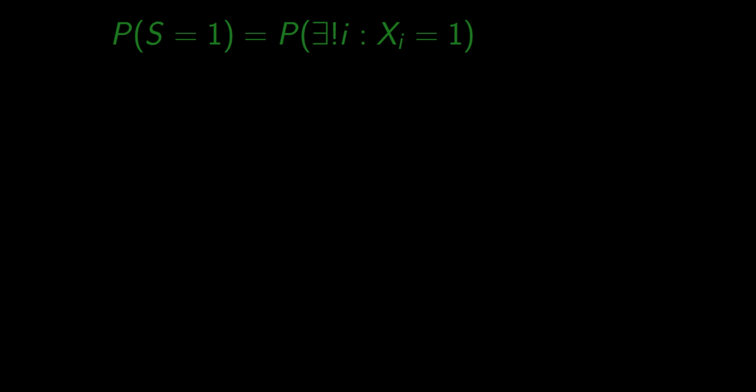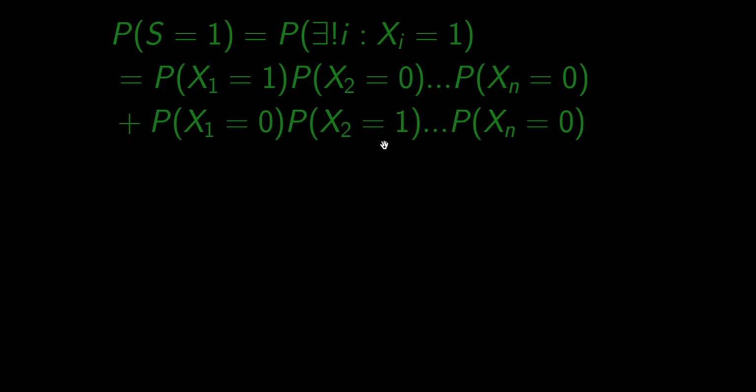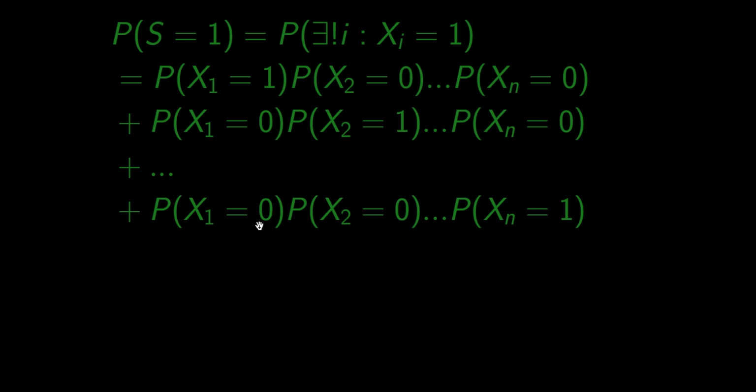One possibility is that we got heads only in the first trial and tails in all the remaining trials. Another possibility is that we got heads in the second trial and tails in all the remaining trials. We continue this logic till getting the heads in the last trial. These are all the possible elementary events in which we get 1 heads.